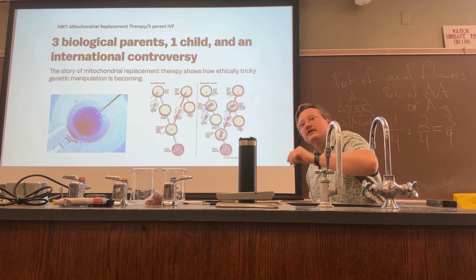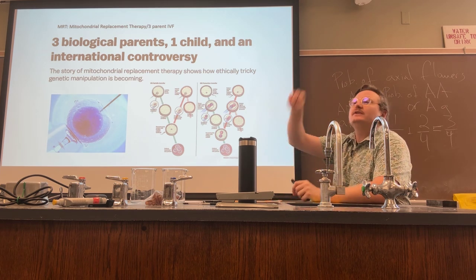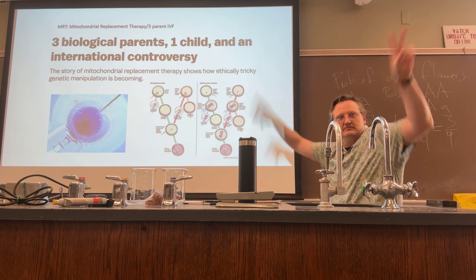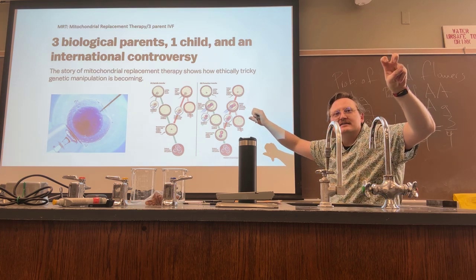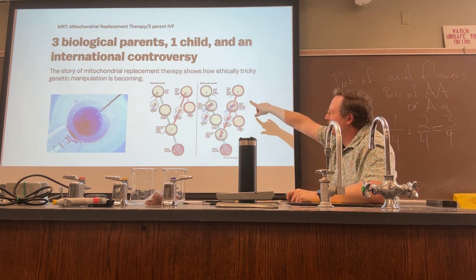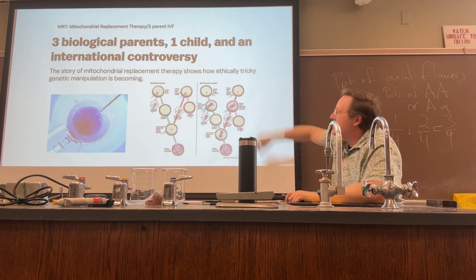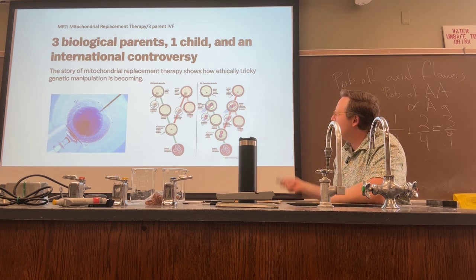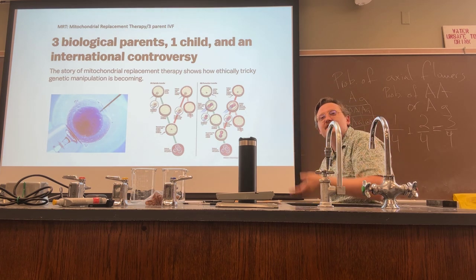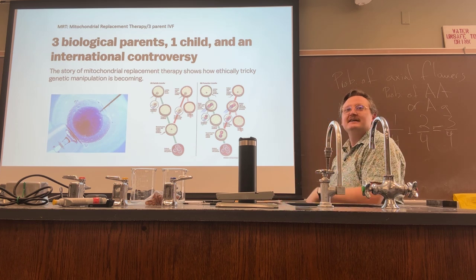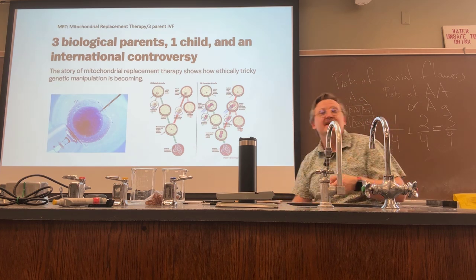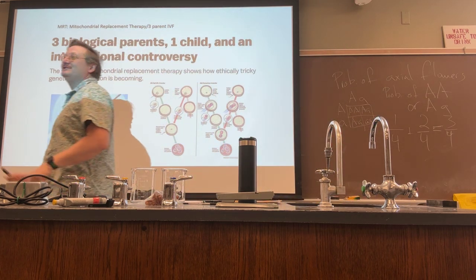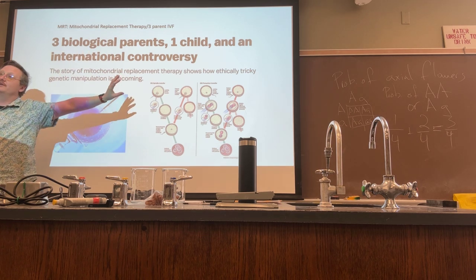Well, they got an egg donor, pulled the nucleus out of that egg cell and put in the nucleus of the mother. So now the sperm operates normally, but all the mitochondria came from the donor, and therefore there's no mitochondrial disorder in the offspring. The embryo gets implanted into the mother, who gives birth to the child, and now the child's nuclear genome is a mix of the maternal and paternal sides, but the mitochondrial genome is entirely from this donor.